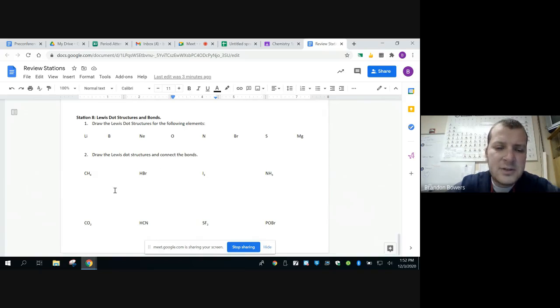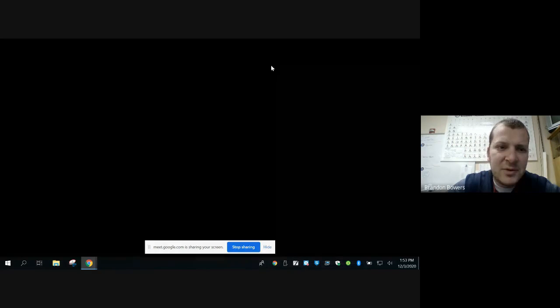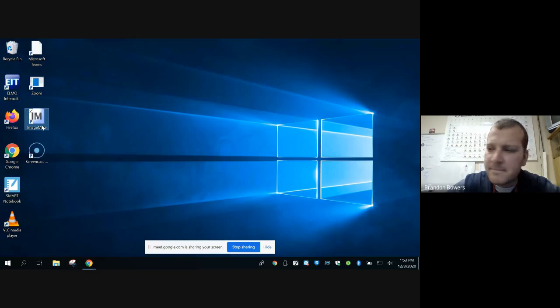So drawing Lewis structures, remember, when you draw them, there has to be a single dot connected to a single dot. You can't combine an element to itself. All right, so what I'm going to do here real fast is turn on my image mate.